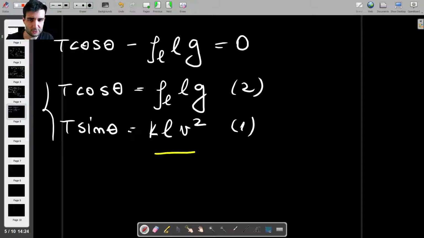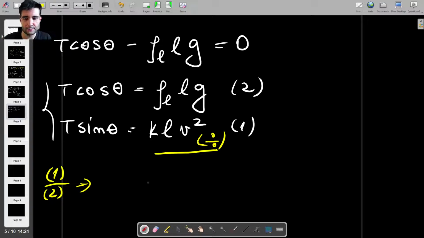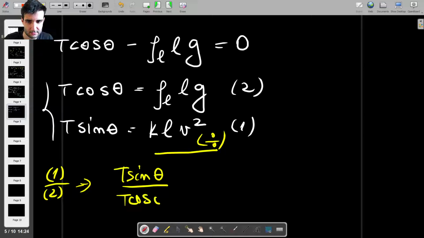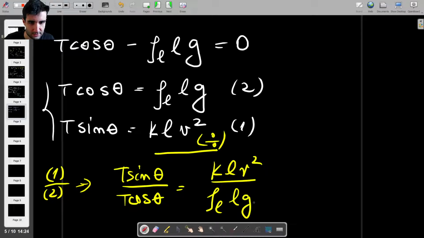So what I'm going to do now is divide the two equations by each other. Equation 1 divided by equation 2 gives us T sine theta over T cos theta equals K L V squared over rho L times L g.